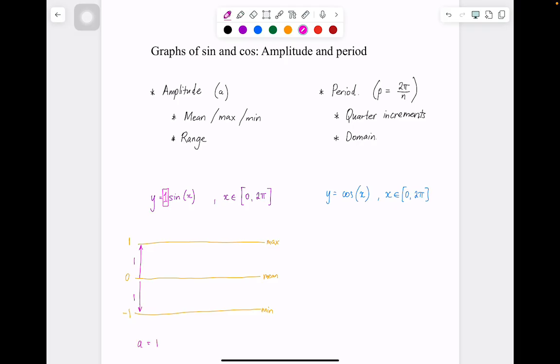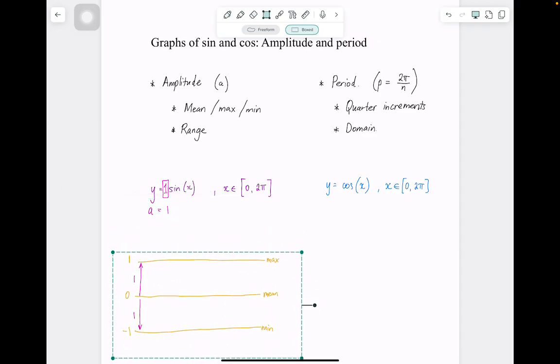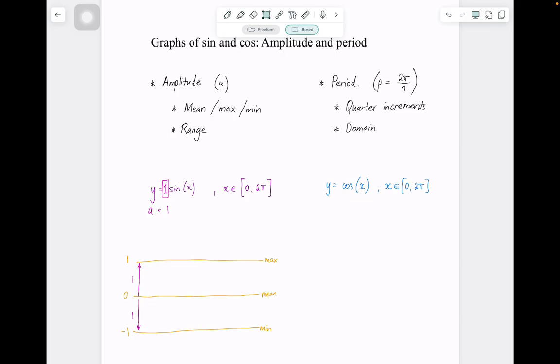Now, when we investigate what the amplitude is, we look at a particular area of the equation. This here is the number that's represented at the front of the sine. In other words, it's the same as the dilation from the x-axis. In this case here, our amplitude is 1, which means that we go up by 1 and we also go down by 1.